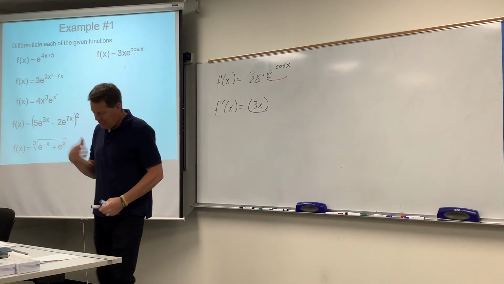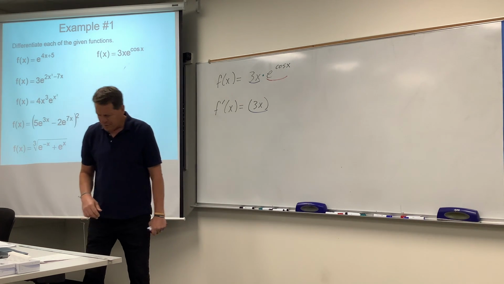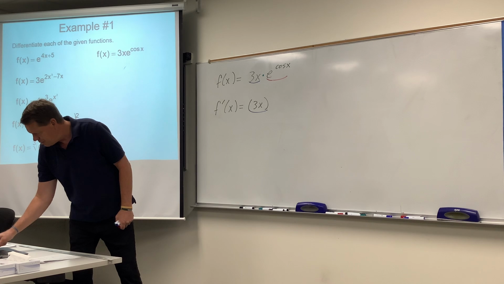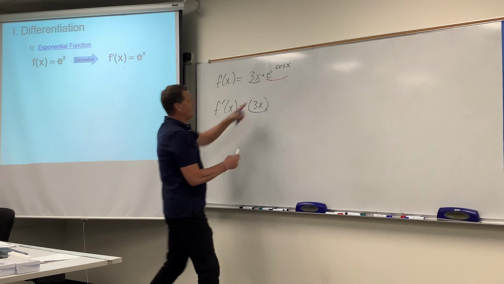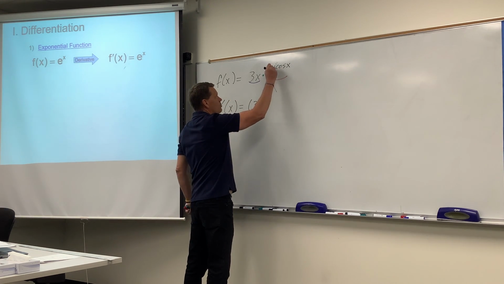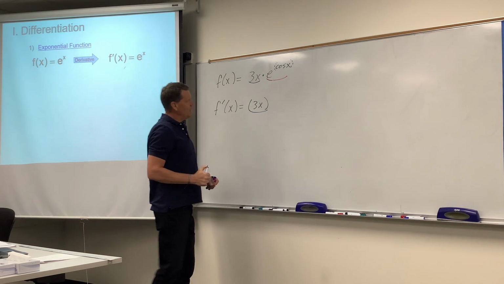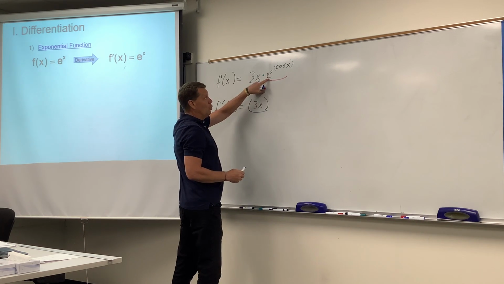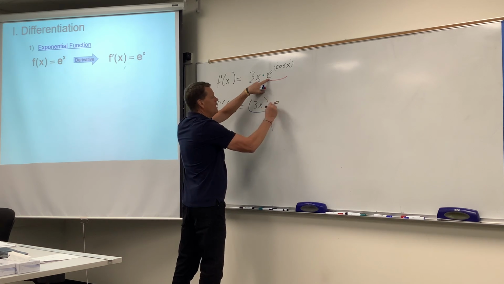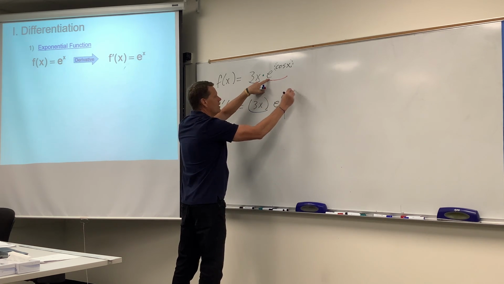And there again, just like the previous examples, the logic needs to be that that cosine x could be thought of as being an inside parentheses thing. So the chain rule would be, you do the e rule first, e to the cosine of x.